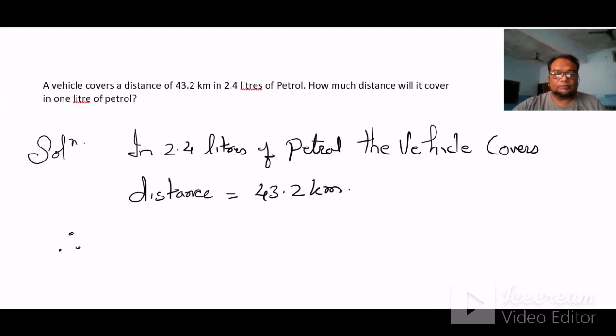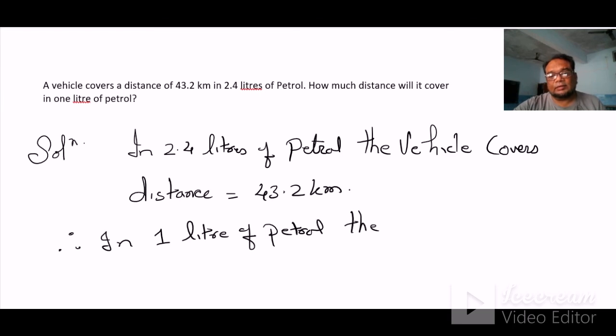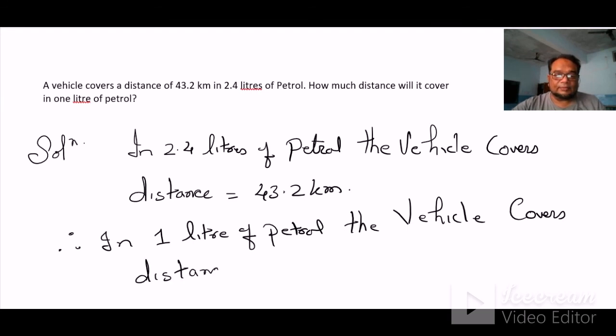Therefore, in 1 liter of petrol the vehicle covers a distance equal to 43.2 divided by 2.4.